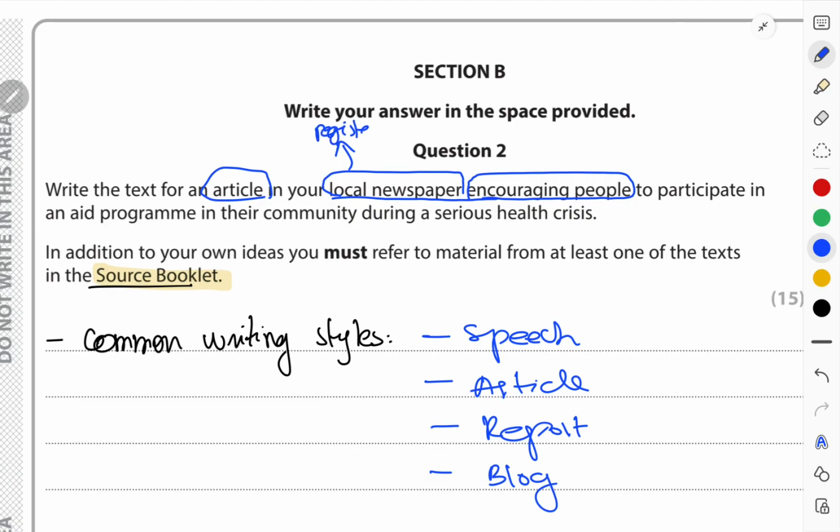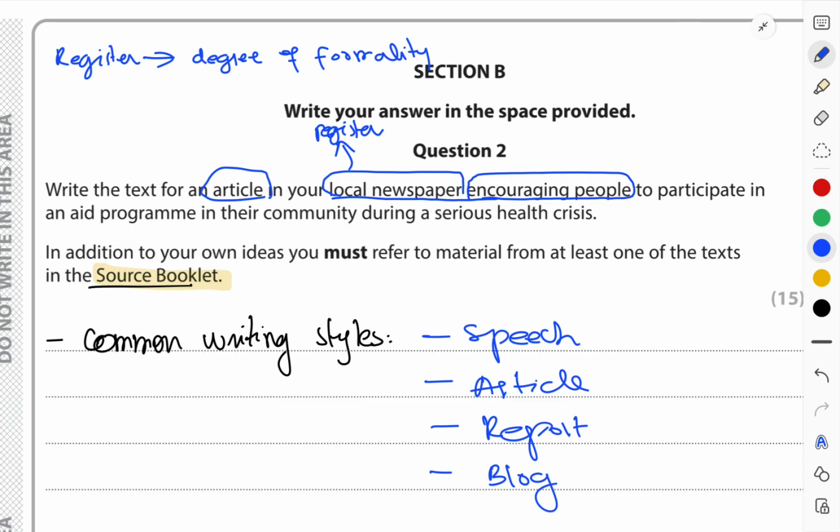And if you don't know what register is, it's basically the degree or level of formality of a text or a speech. So it varies from context to context.